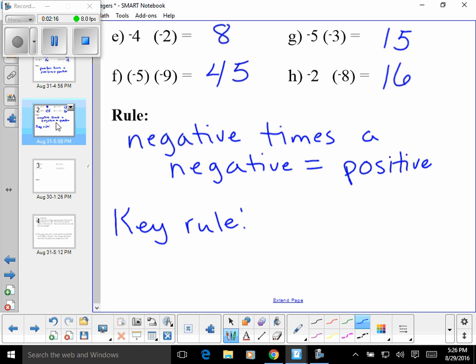What we really have here is a key rule. Remember that in our first group of integers, we had positive times positive. In this group of integers, we have negative times negative. What we're really doing is multiplying factors that have the same sign.